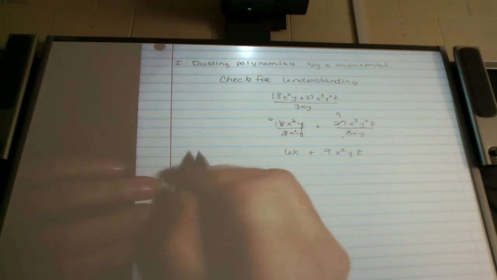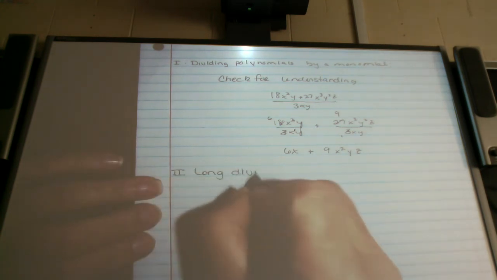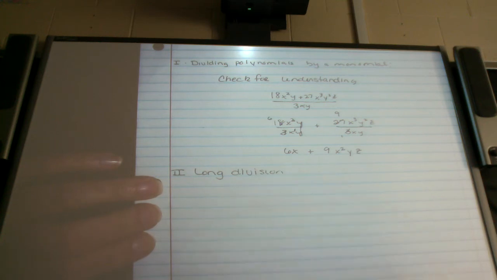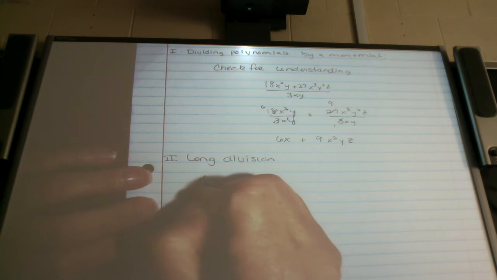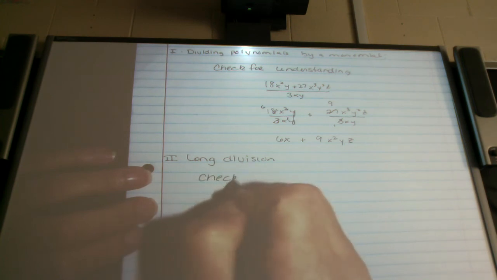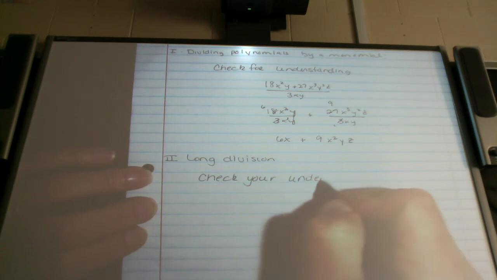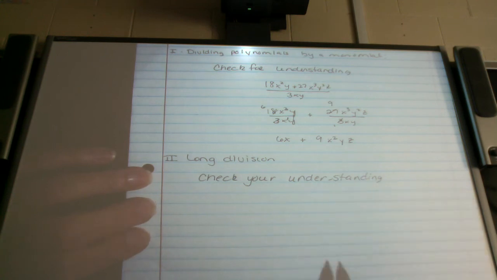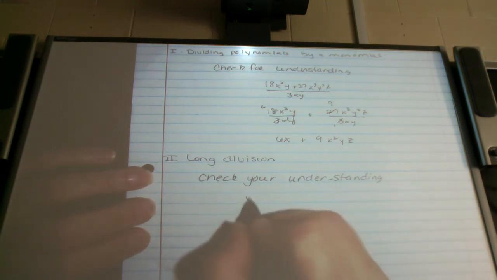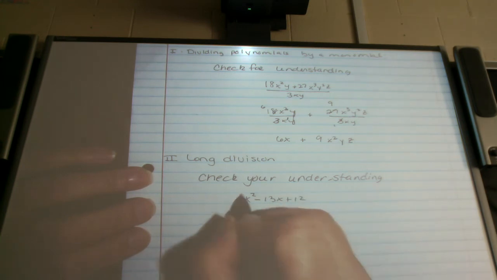And the second thing we talked about yesterday was long division. And I left you with the check your understanding. And that was going to be x squared minus 13x plus 12.